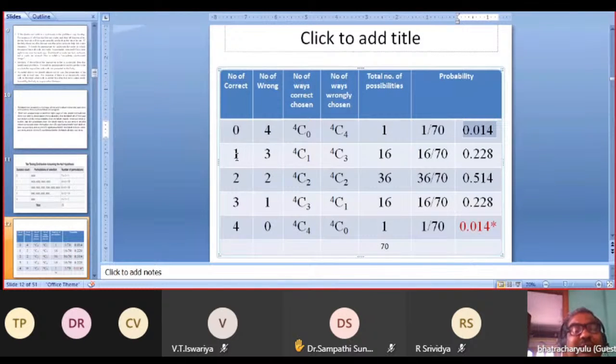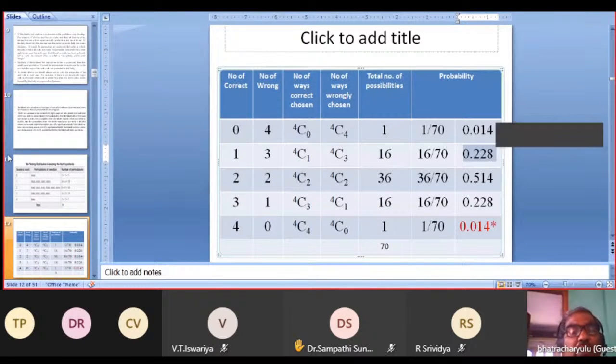One correct, 3 wrong answers: the probability is 0.22. So for one correct answer, the probability is more here, almost 22%.